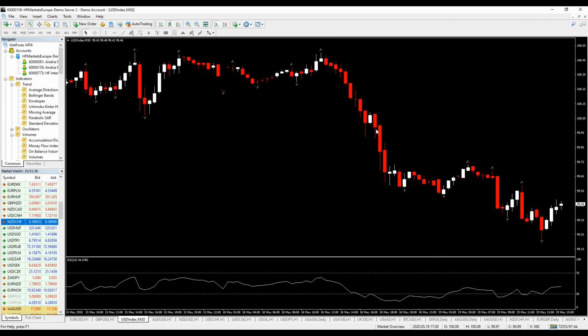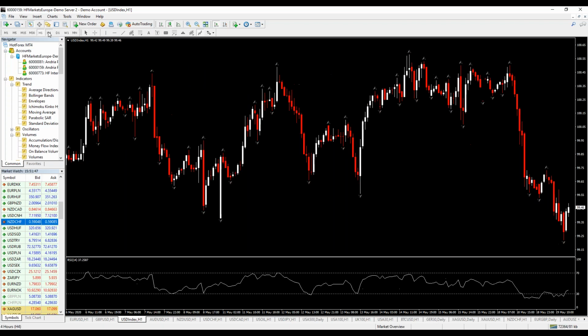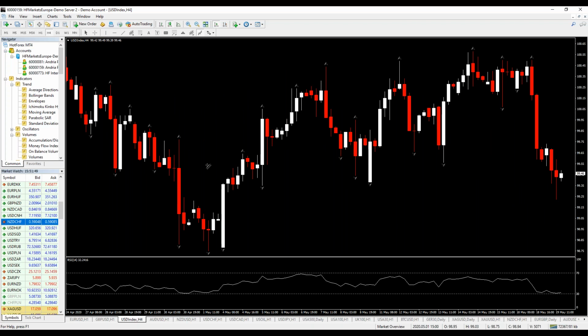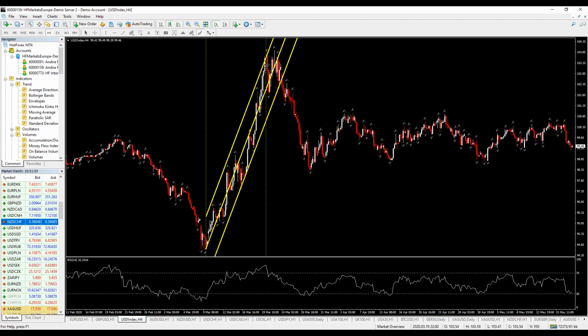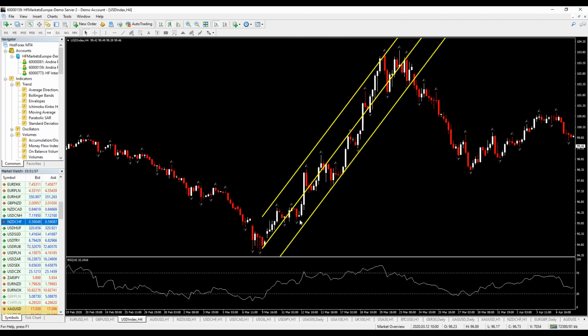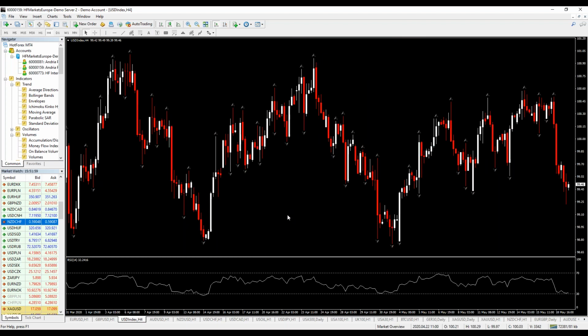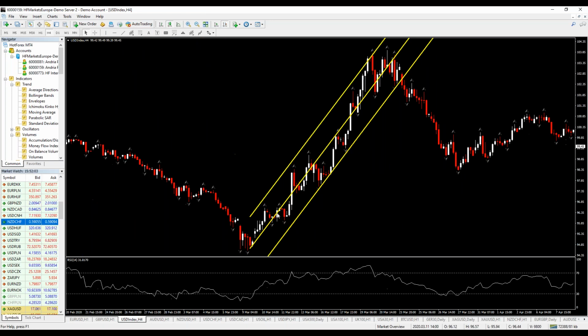Trend traders usually tend to trade on the direction of the trend. So for example, here I had an upwards trend, right? So trend traders, if they spot a trend, they're going along with the trend.